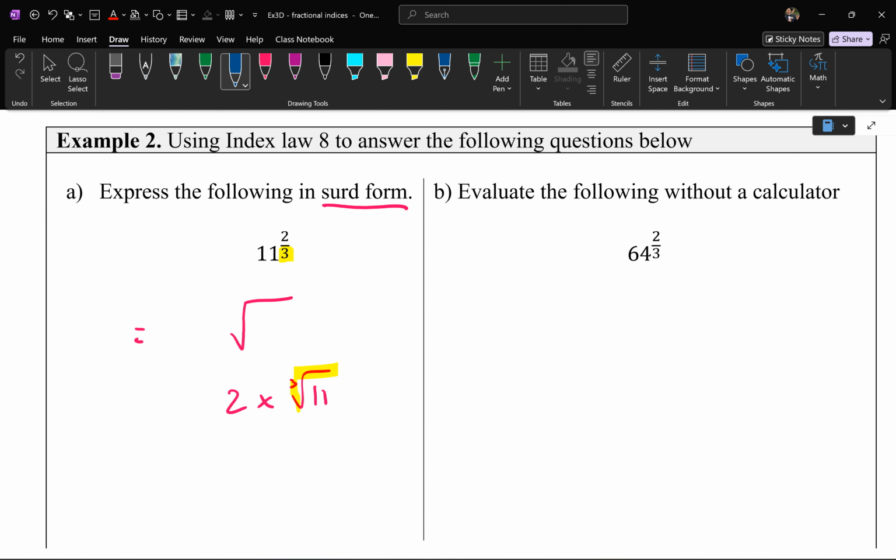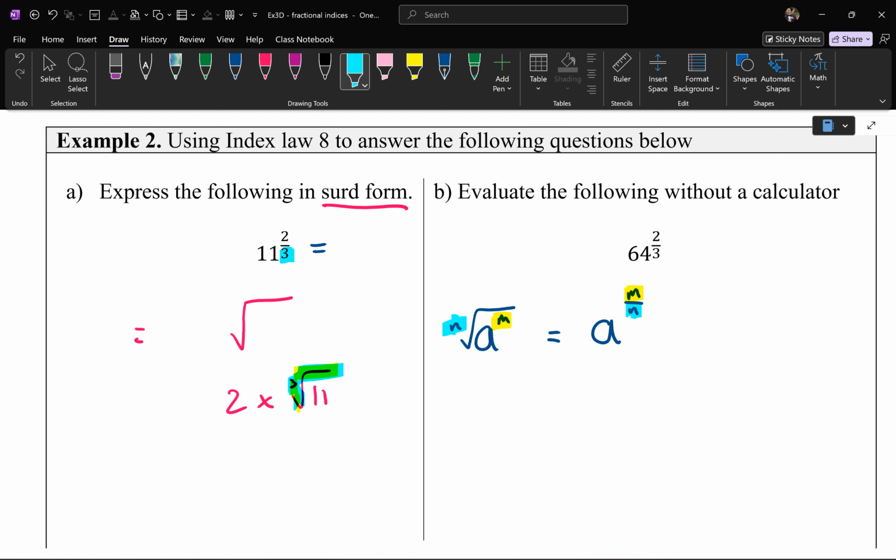Beautiful. So remember, I'll just write the rule again so you can see. It's the nth root, so no matter what that cube root is or nth root, of a to the power of m. So a is always the base, it's the number. And that's equal to a to the power of m on n. So whatever the power is for the base, that goes on the top. The nth root goes in the denominator. So you can see here, the denominator is 3, so he was correct.